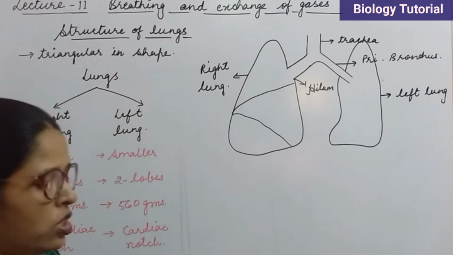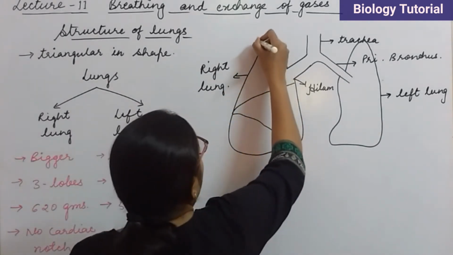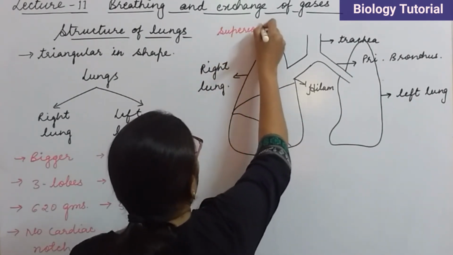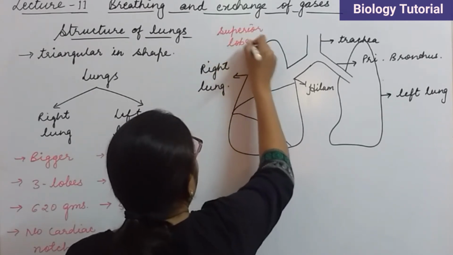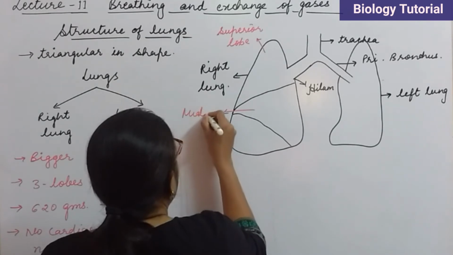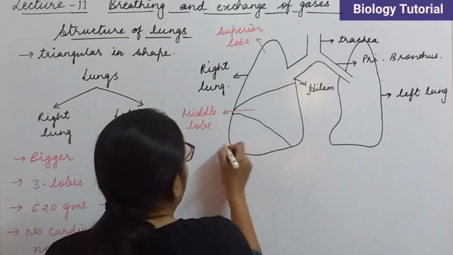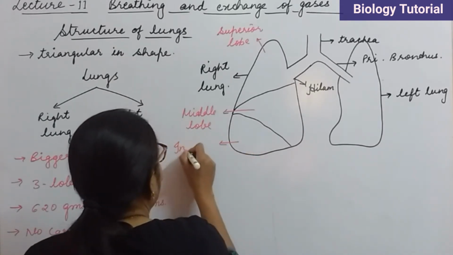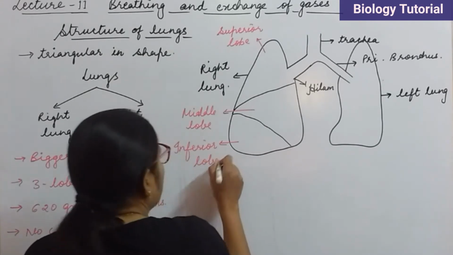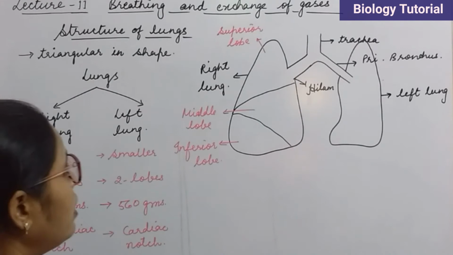This lobe is called the superior lobe. This one is the middle lobe. And the lower one is called the inferior lobe. Okay? So these are the 3 lobes of right lung.